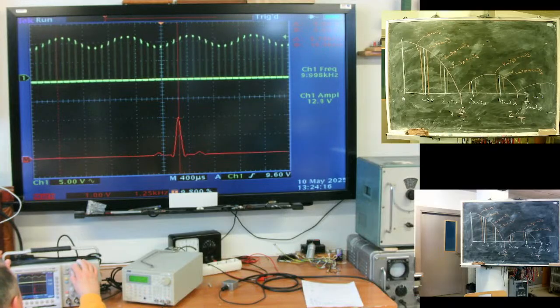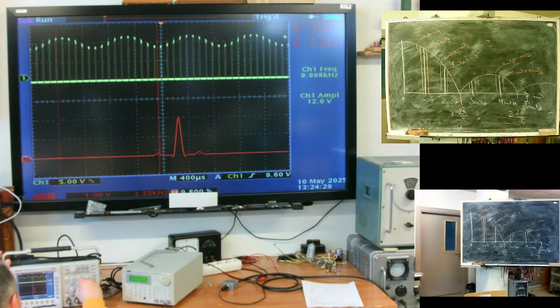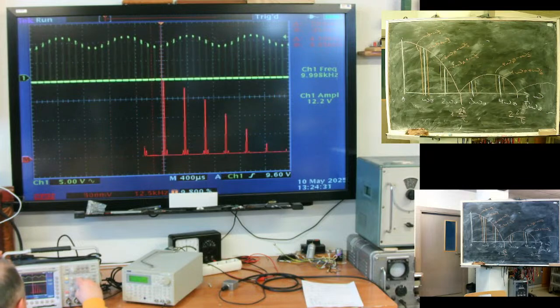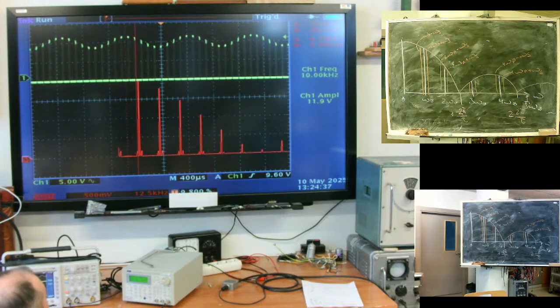Central line, one of them, 10 kilohertz, and near 11, 9. See what happens? I have a sequence of pulses with a frequency of 10 kilohertz, modulated with 1 kilohertz.